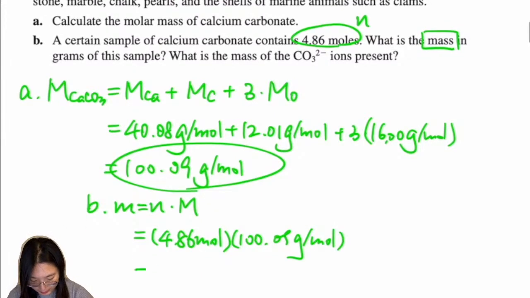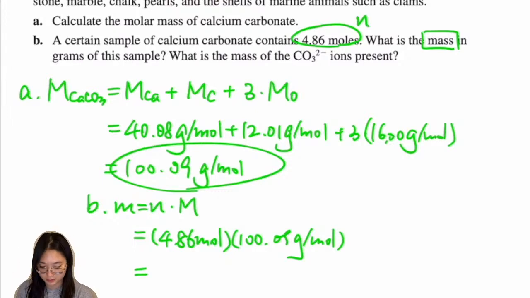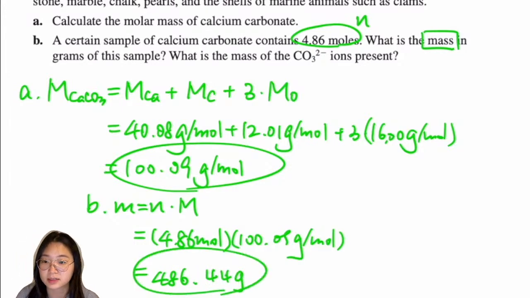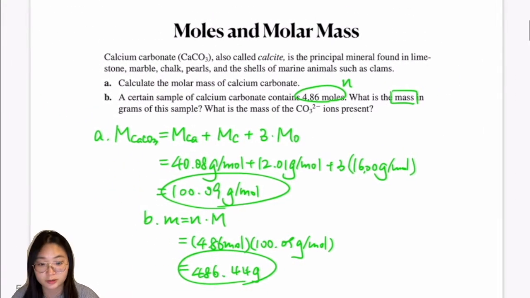Then we get 486.44 grams. This is the mass of the sample of calcium carbonate. And the next question is, what is the mass of the carbonate ions present? We're going to use the ratio.